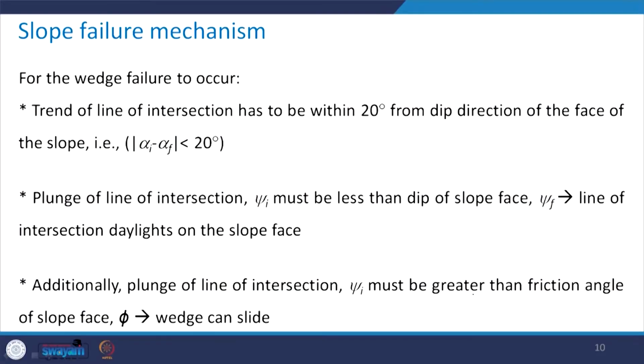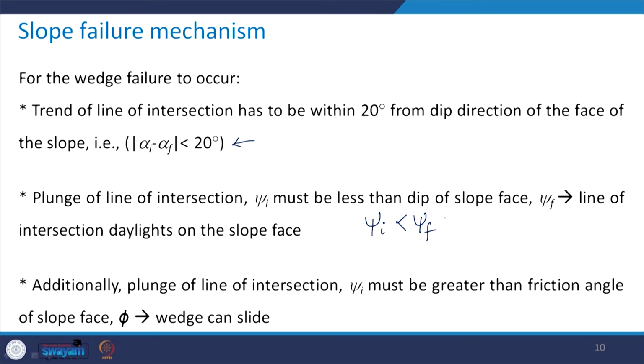Now, for the wedge failure to occur, again we have some conditions. The trend of the line of intersection has to be within 20 degrees of the dip direction of the face of the slope. Mathematically, this is how it is to be represented. The plunge of the line of intersection, psi I, must be less than psi f. In this case only, the line of intersection I will daylight on the slope face.